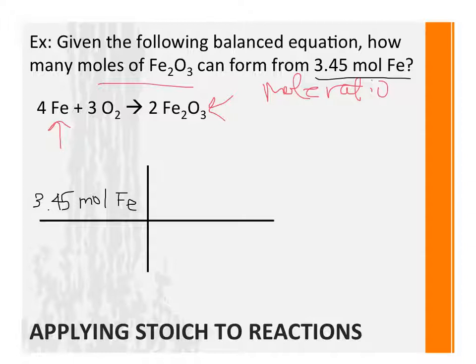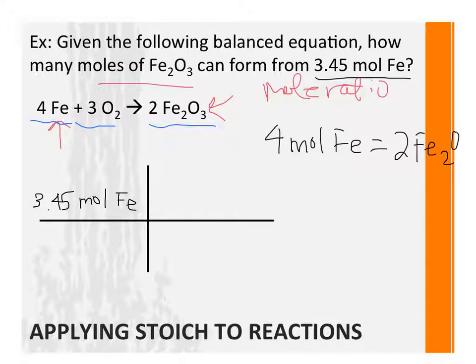What the coefficients say is that for every 4 irons that float around with 3 oxygens, you get 2 iron 3 oxides. So the way we use this information in the coefficients is that we now have a conversion factor that says if you've got 4 moles of iron, you'll have the potential to build 2 moles of iron 3 oxide.